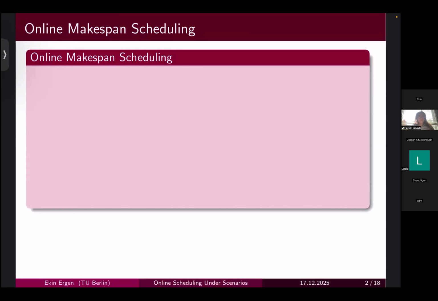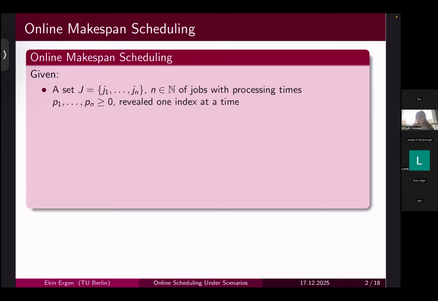This is basically the second problem that you learn when you study online algorithms and online optimization. You are given a set of jobs that each have some processing times, and these are revealed one job at a time. So every time a job is revealed, you are informed of its processing time.